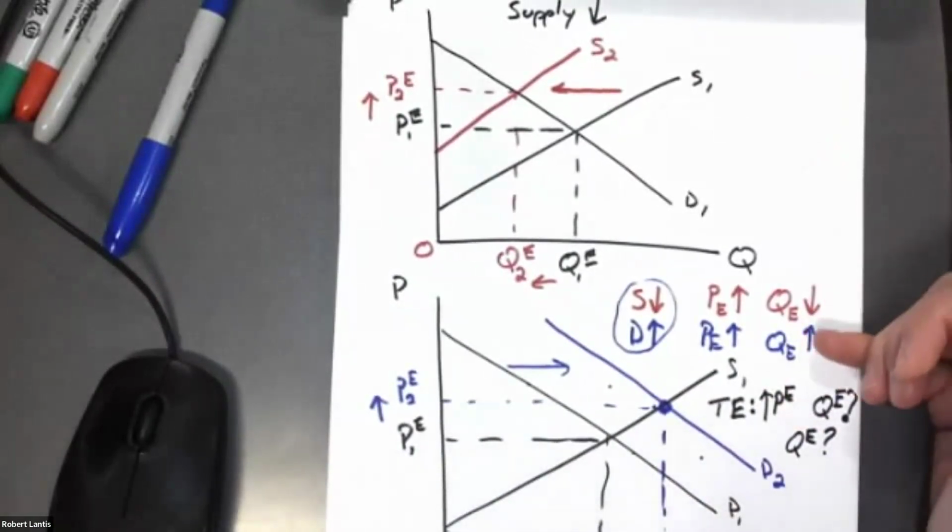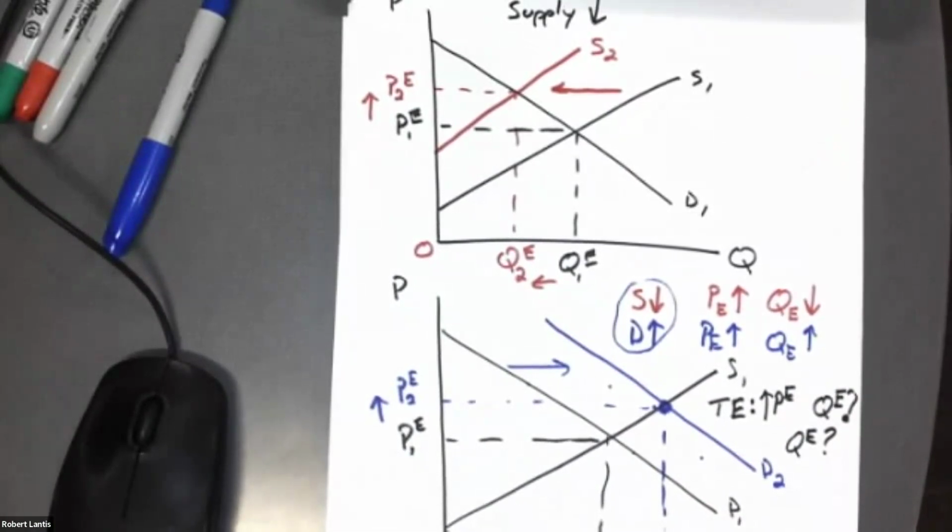If they push them in opposite directions, there we would say it's indeterminate. I need more information. I don't know what's going to happen to that equilibrium unless I know the size of these shifts. And that's not something I'll expect you to know at the end of this module. We'll stop at it's indeterminate. The next level would be to analyze the size of shifts to know which one is larger than the other.